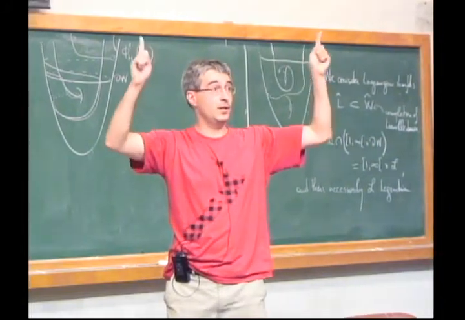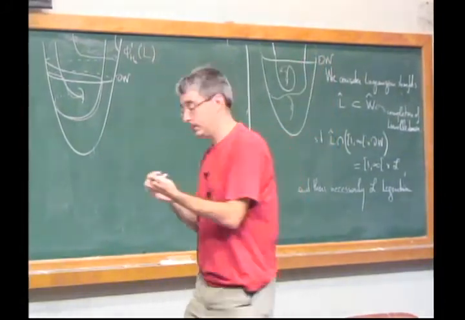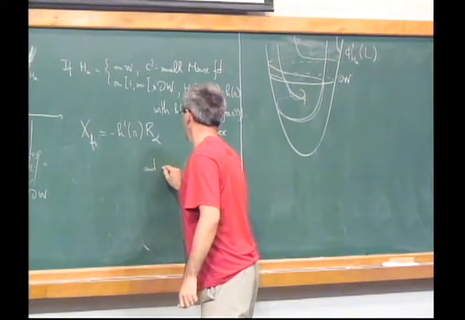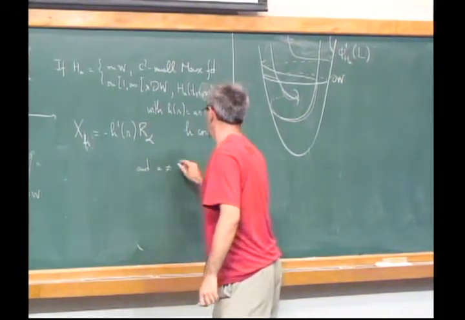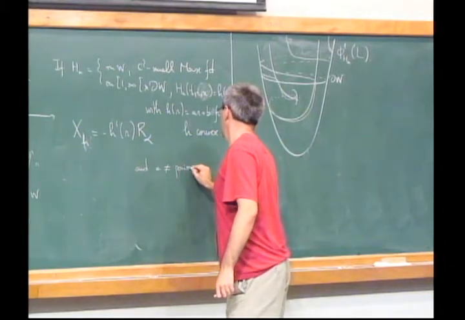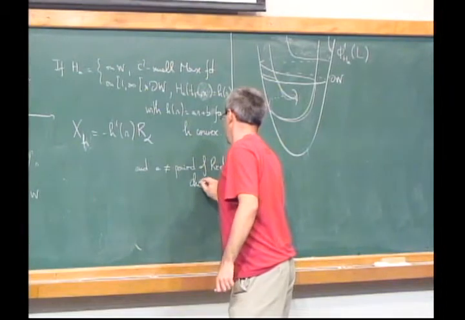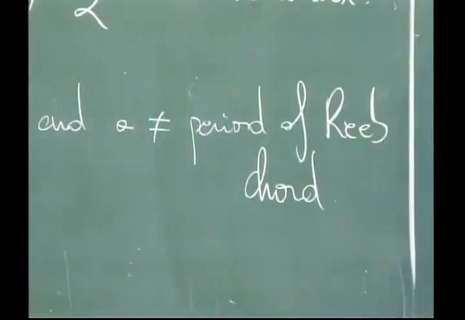I do not have intersection points at infinity. Here, A is different from the period of a Reeb chord.